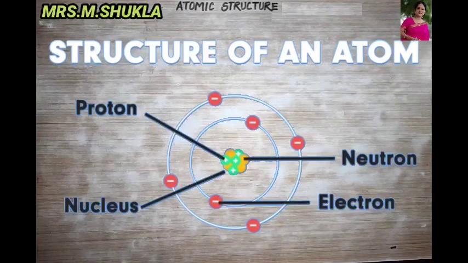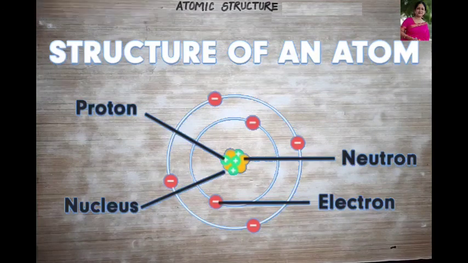Protons are positively charged particles, found in the nucleus, and neutrons are electrically neutral particles, also found in the nucleus, right? And neutrons were very slightly heavier than protons, but approximately they were equivalent. With this, I wind up today.